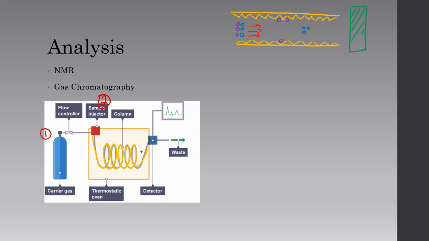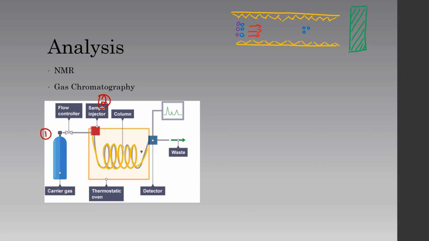So our detector there in green, we'll just put it. And so what happens is as we push our purple and blue through this column, maybe the purple is going to interact with the column more than the blue will, and so we're going to see the blue hit the detector before the purple, and we get a different signal for each one of those. Now, another thing that we need to pay attention to is, let me just clean this up for a second.